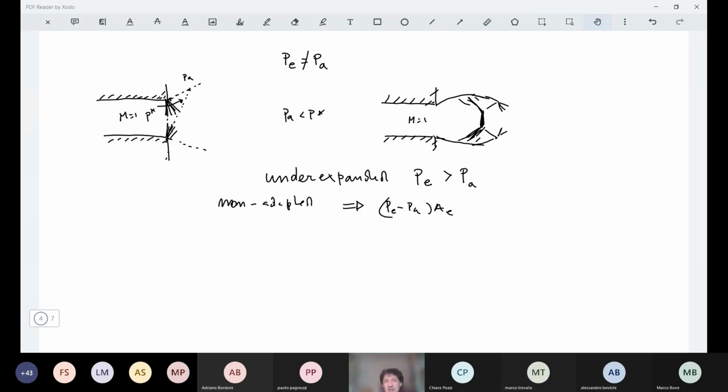But it's something happening outside, so it does not affect. You recall that what's important are the forces acting inside on the walls that characterize our nozzle. So what happens outside has no direct effect on the resulting thrust inside. So let's now try to follow the same evolution for a converging diverging nozzle.